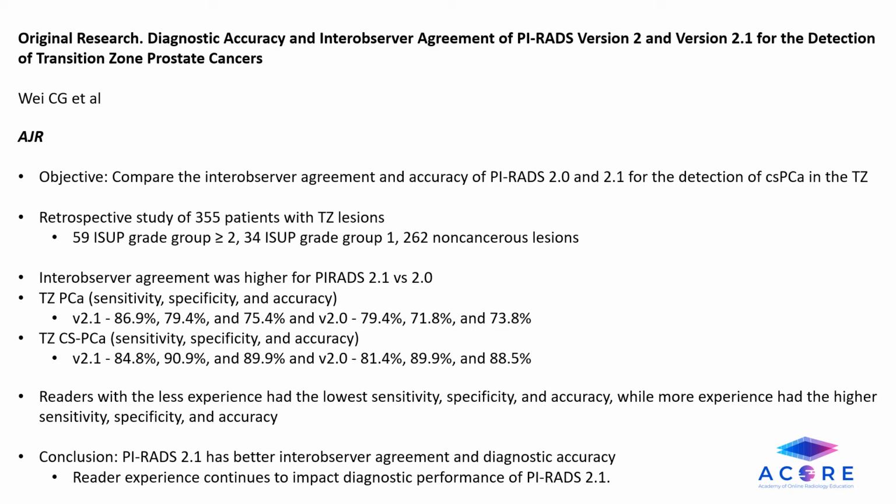The authors also found that the reader with the least experience had the lowest sensitivity, specificity, and accuracy, while the reader with the most experience had the highest sensitivity, specificity, and accuracy. The authors concluded that PIRADS 2.1 had a better inter-observer agreement and diagnostic accuracy compared to PIRADS 2.0. However, reader experience continues to impact the diagnostic performance of PIRADS 2.1.